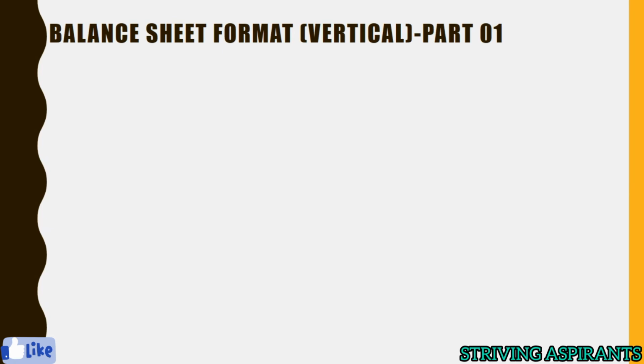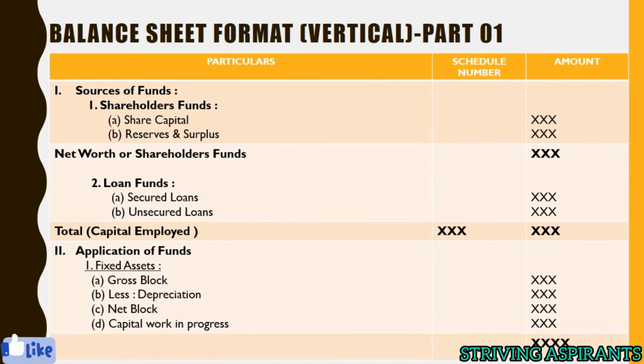Now we will check the vertical format of balance sheet. In the vertical format of balance sheet, there are two broad heads which include sources of funds and the application of funds. First we will check the sources of fund items.